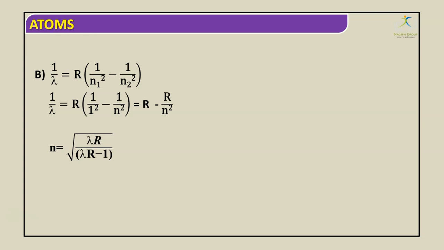Students, again I am repeating that 1 by lambda is equal to R times (1 by n1 square minus 1 by n2 square). I am just putting n1 equals 1 and n2 equals n, so 1 by lambda is R minus R by n square. After the solution, we get the value of n, which is option number 1.